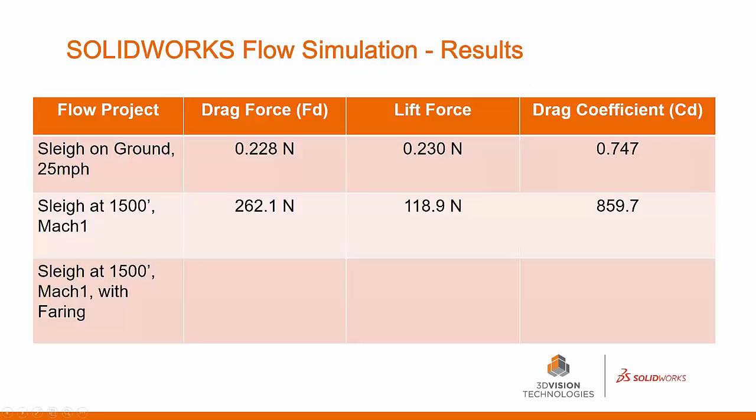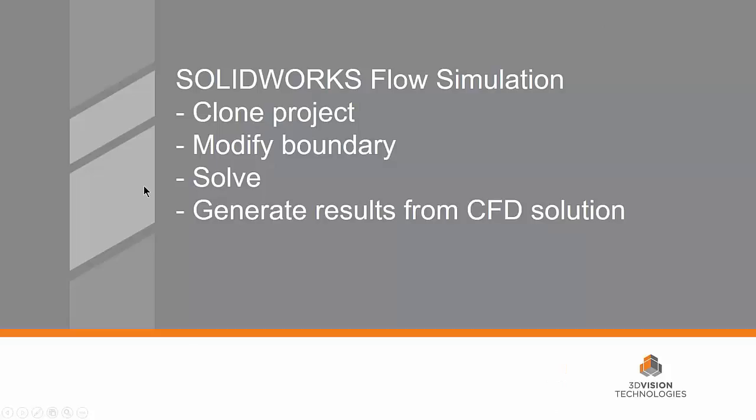And then what I'll do is just switch over for comparison purposes. Our drag force is now 262 newtons, a lift force of 118 newtons, and a drag coefficient of almost 860. So there, we cloned our project, modified our boundary conditions, solved the flow project, and did our post-processing of the results.